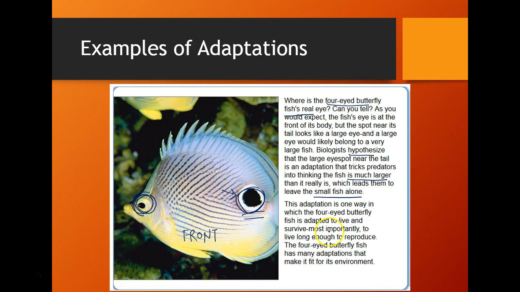This is obviously a great survival tactic, and because the butterfly fish is able to survive, that means it's also able to reproduce. I hope you guys are seeing this pattern of survival and then reproduction. That's the key to being fit in an environment.